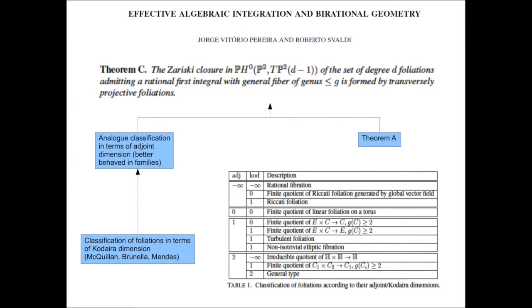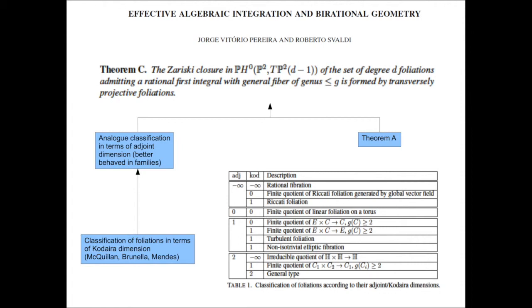So let me just review briefly this classification. So you see the classification according to this adjoint dimension and the Kodaira dimension goes something like that. The things which have adjoint dimension minus infinity are either rational fibrations, fibrations of genus G, or a finite quotient of a foliation generated by a global vector field, or Riccati foliations.